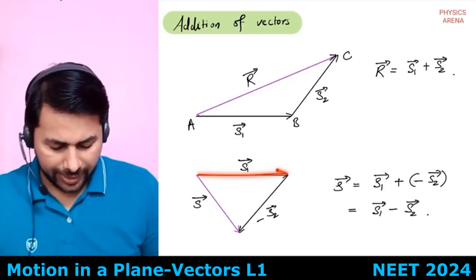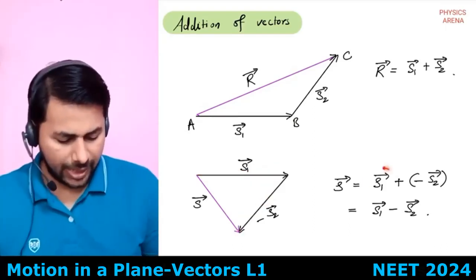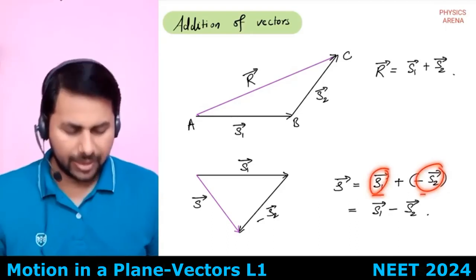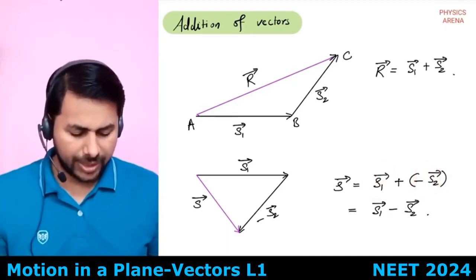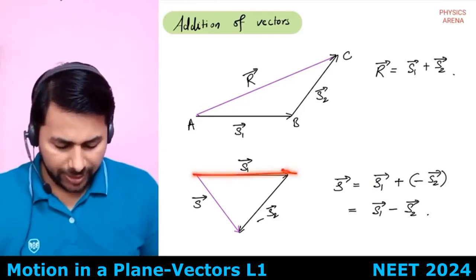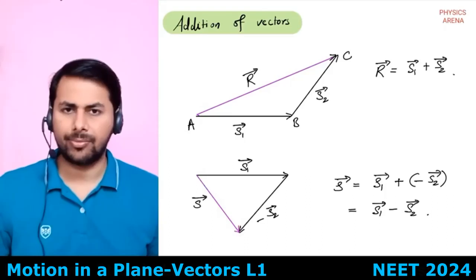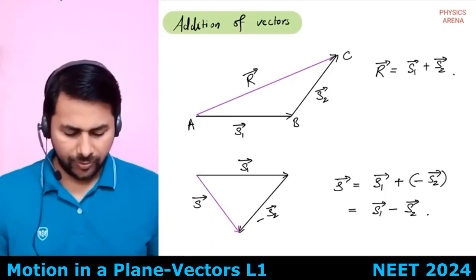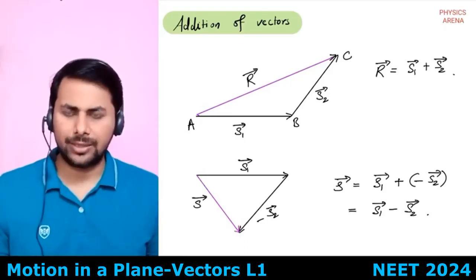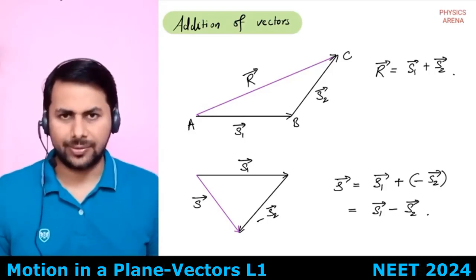So I will add S1 bar and minus S2 bar. See, I am adding only S1 bar and minus S2 bar. So what I am getting is S1 bar minus S2 bar. So this vector plus this vector is this vector. Okay, so we can add two vectors or subtract two vectors using the triangle law of vectors addition.